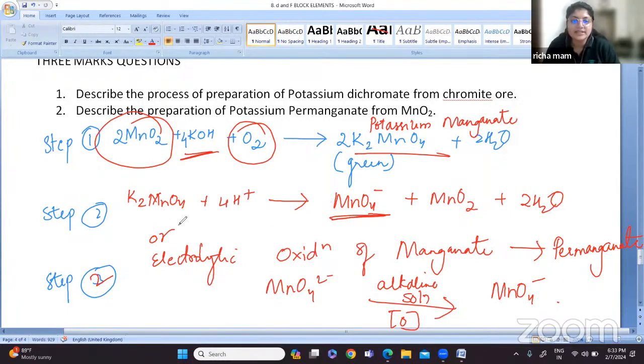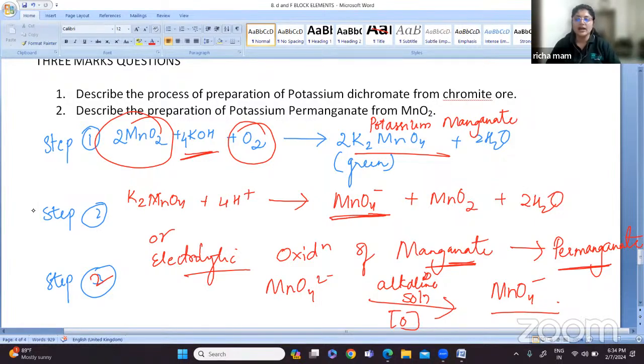Or the second step can be electrolytic oxidation of the manganate, converting it into permanganate: MnO4 2 minus in alkaline solution gives MnO4 minus.